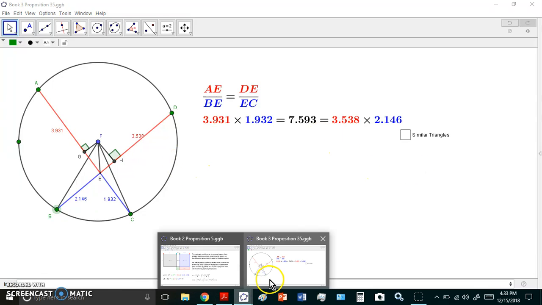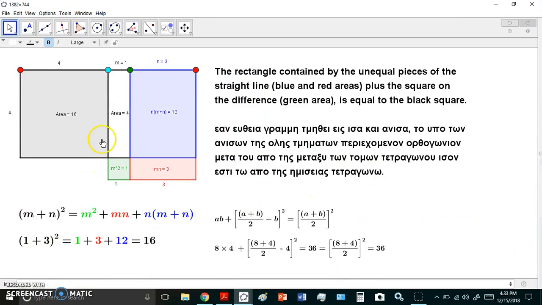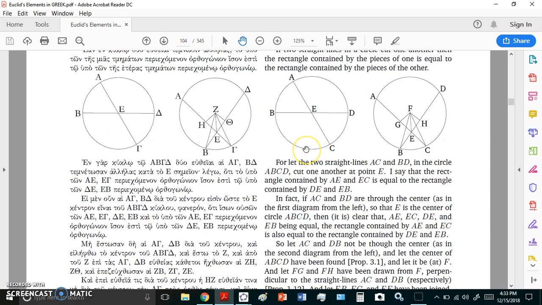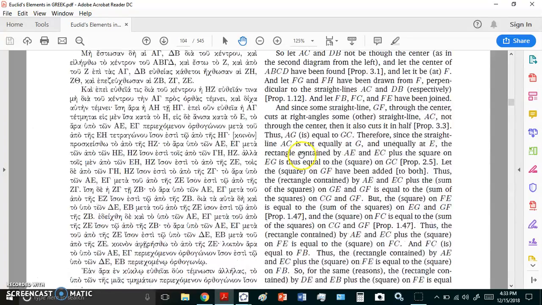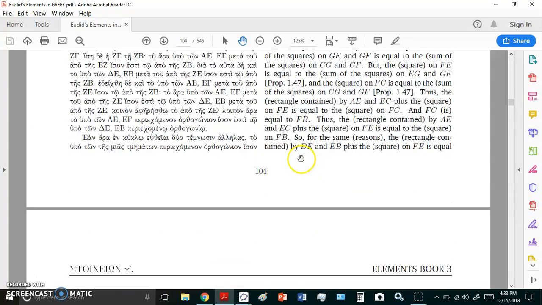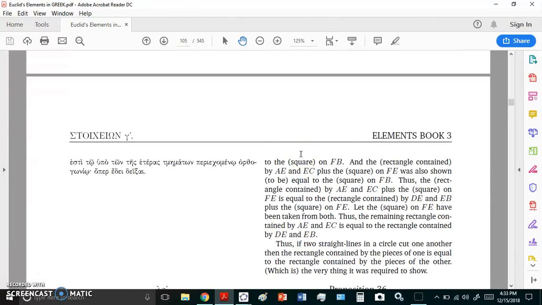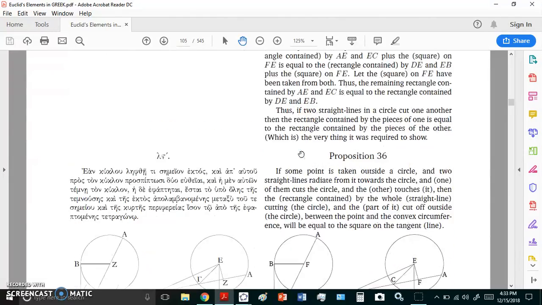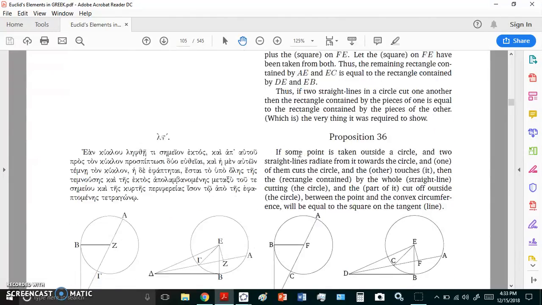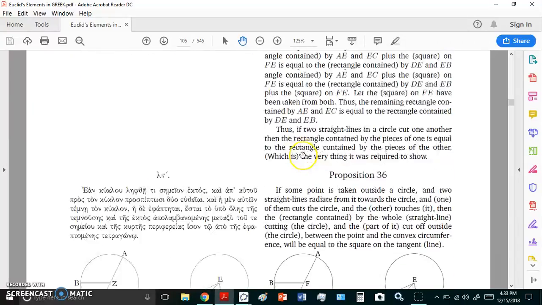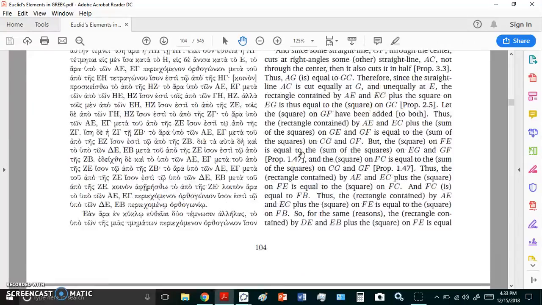So we go back to this proposition here, and I'll explain this very quickly to you, but I'll tell you first that it's not correctly interpreted in Sir Thomas Heath's translation of the Elements. So for example, he's got something down here. Where is it now?